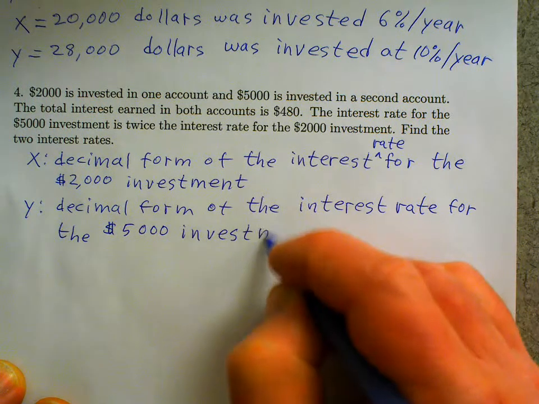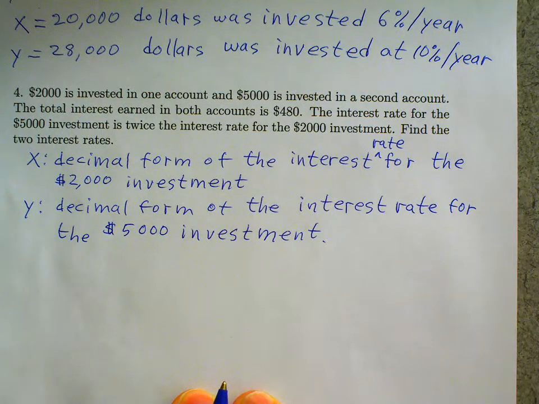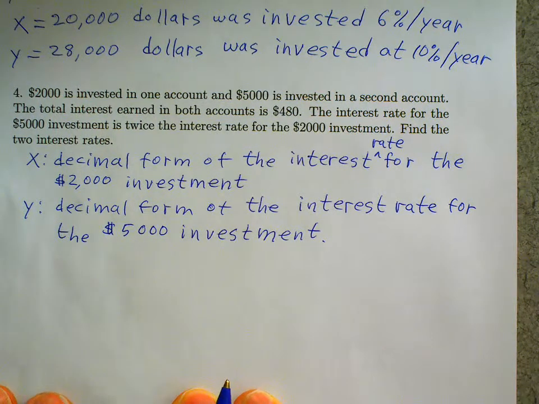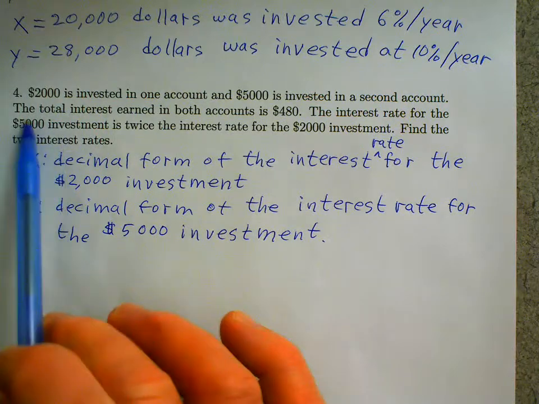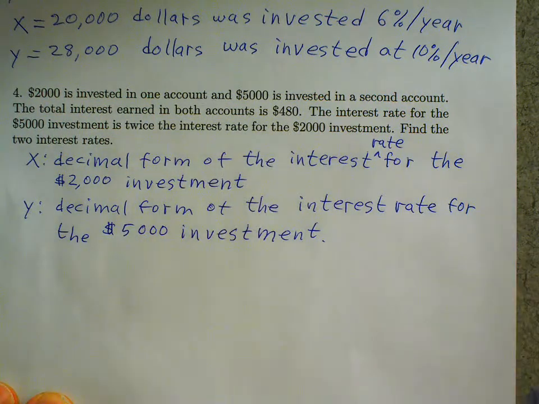Okay, so we can write down two equations, one at a time. In the second sentence, we're told that the total interest earned in both accounts is $480.